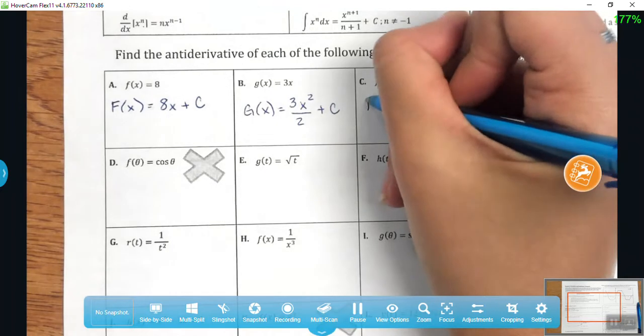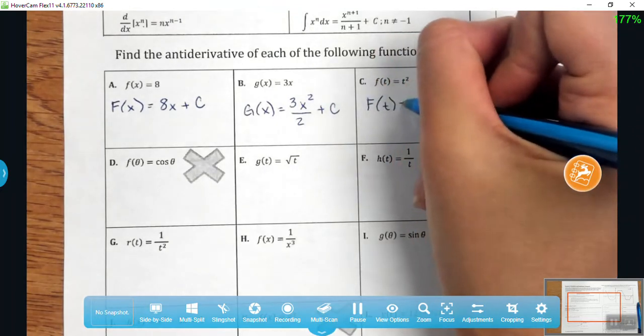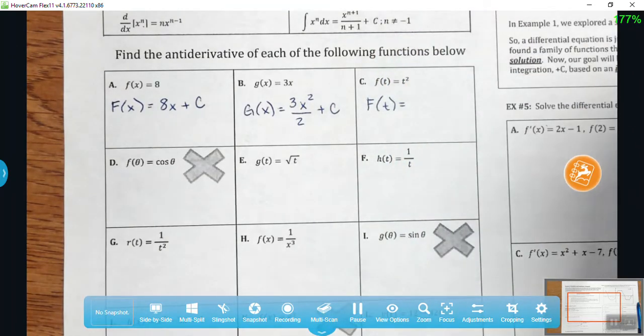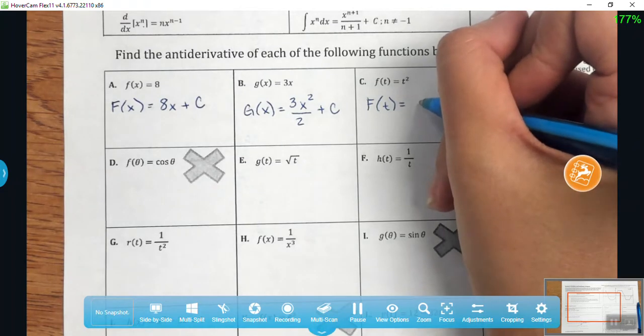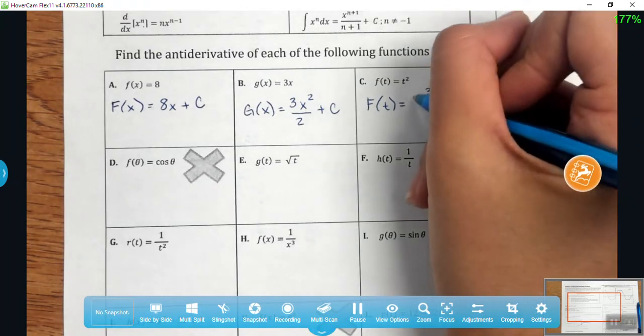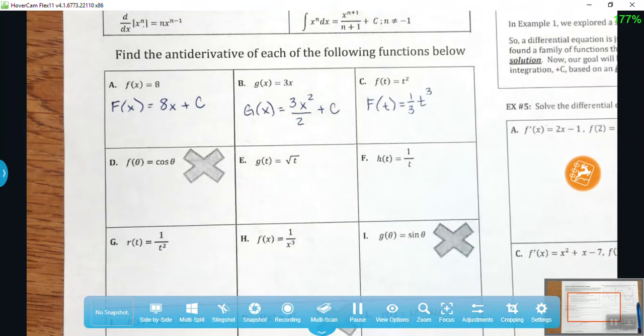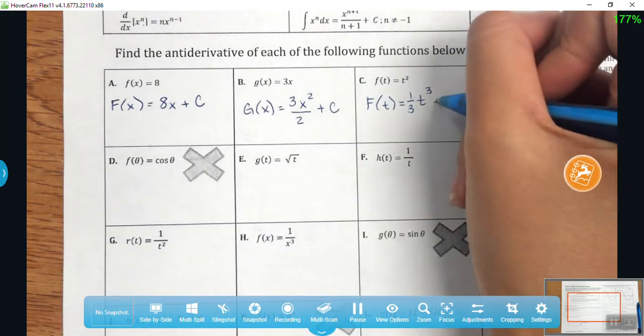Capital F of t equals t cubed over 3, or you can say 1/3 t cubed, plus c, whatever you want.